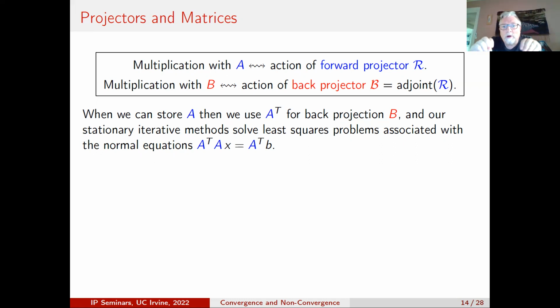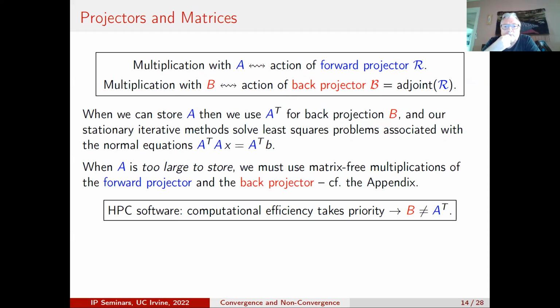Whenever we can store the matrices, if we can store A, then of course the matrix that represents the back projector is the transpose of A, right? Because we have the adjoint here. But unfortunately, in practice, we cannot store the matrices, and that means we have no way to work with the transpose, because it doesn't exist in our code.